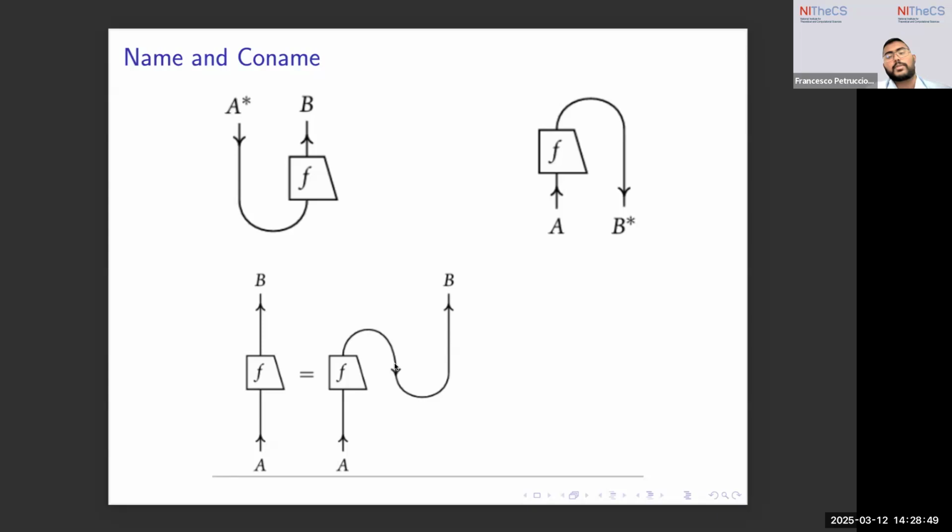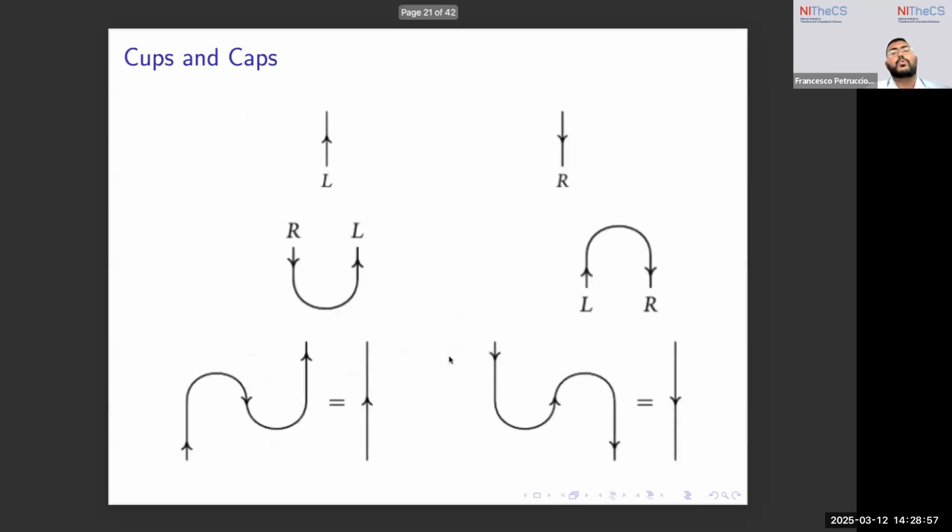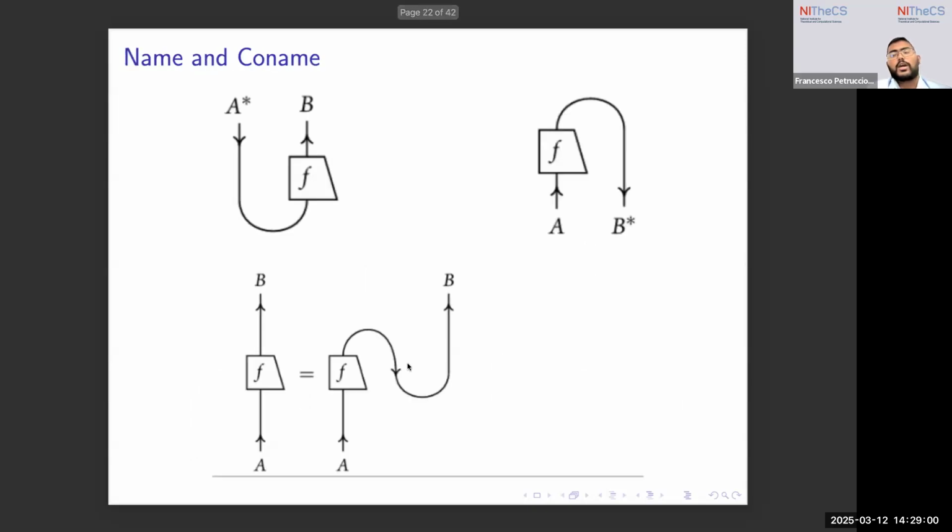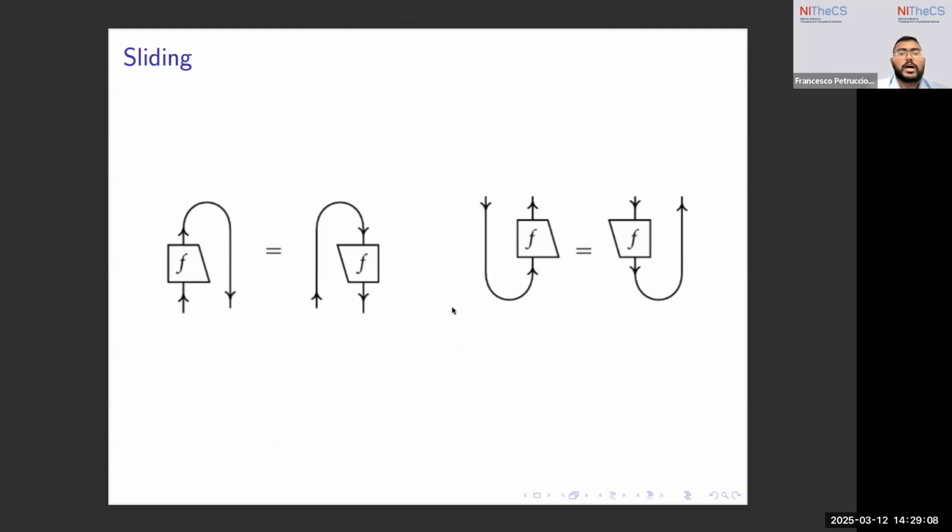If we simply join a cup to it on the right, the yanking or snake laws stretch this out and we have simply the map F from A to B. Now, those constructions with the name and co-name and that snake law allow us to do something very important, namely that when we have these cups and caps, we can slide F along it. And this will be allowed inside our monoidal category with dual objects.